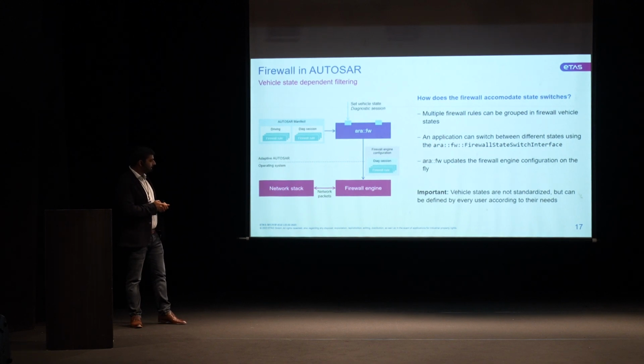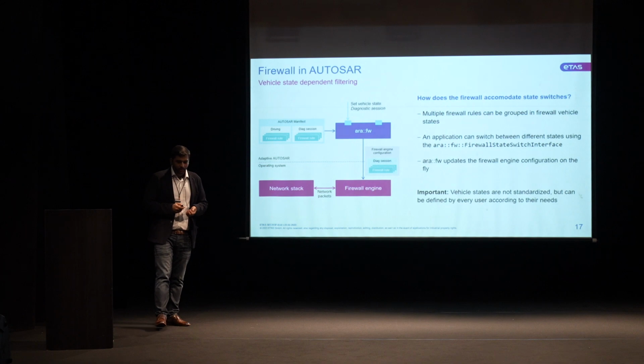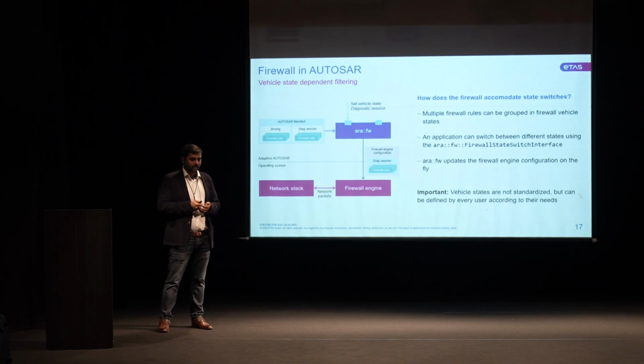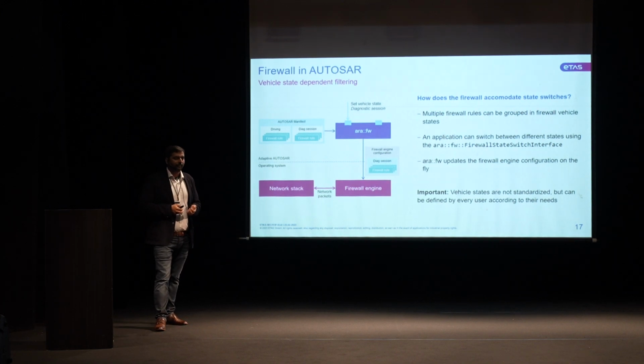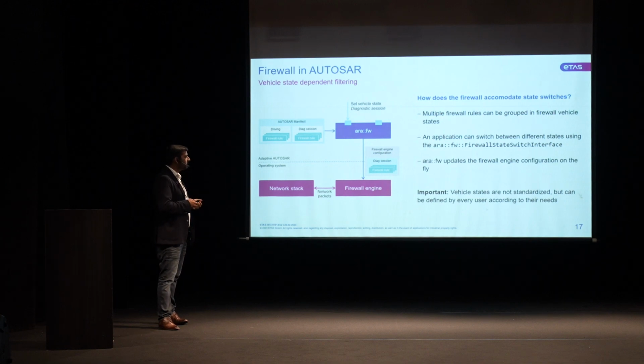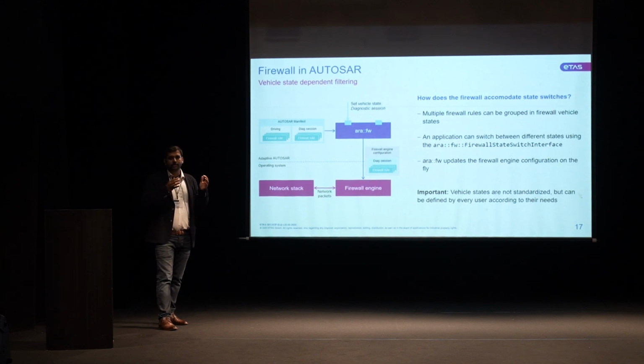Now, we talked a lot about Adaptive AUTOSAR. We will have a similar approach on Classic AUTOSAR, but what is left here is the switches. We don't want to clearly specify what to do with the switches and how, but as part of the Classic AUTOSAR standardization, we also consider the switch as a module.